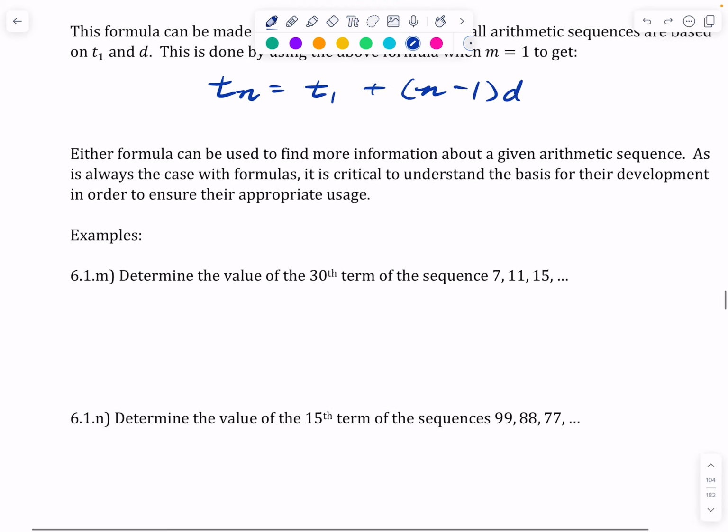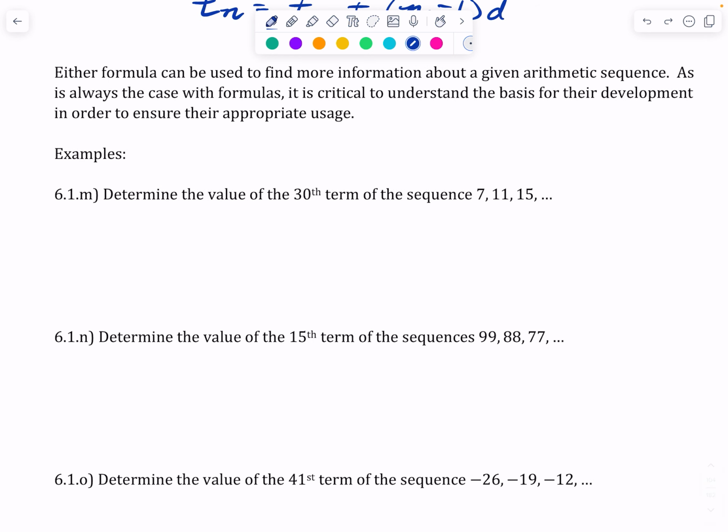Like in this example, determine the value of the 30th term of the sequence 7, 11, 15. Well, worth noting, that goes up by 4, and then it goes up by 4 again. So we do have an arithmetic sequence. And for that, we can say the first term is 7.